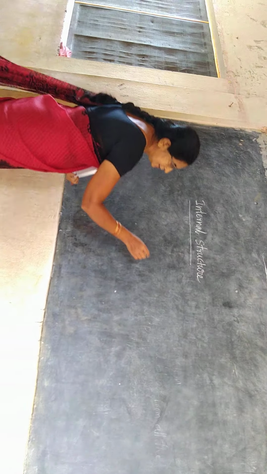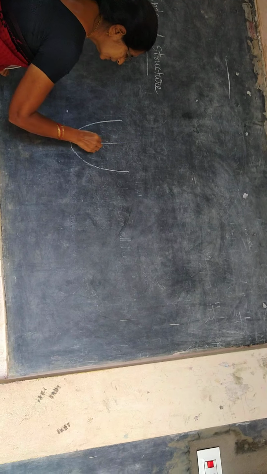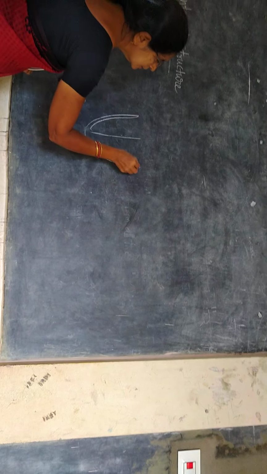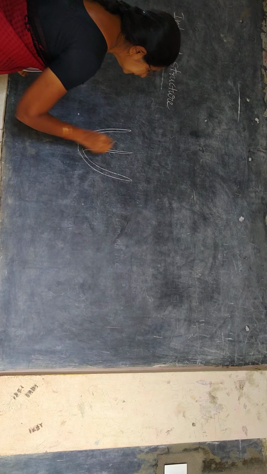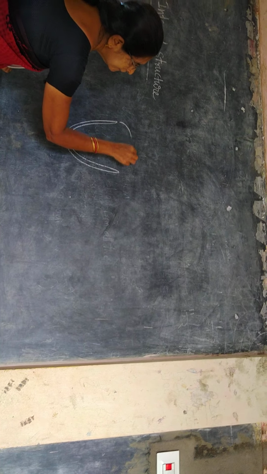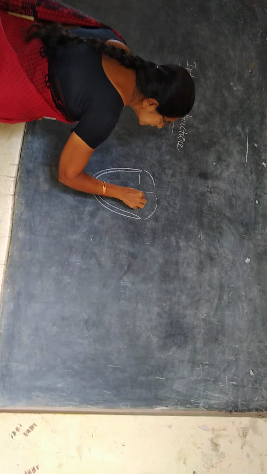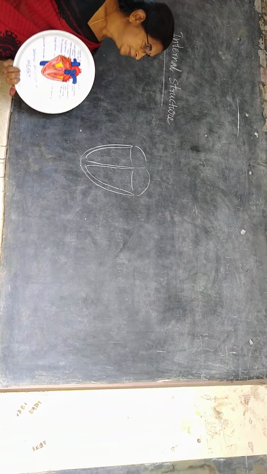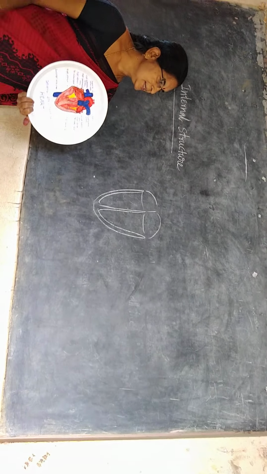For that we will draw the diagram roughly. If you observe the diagram, our heart is divided into four chambers.